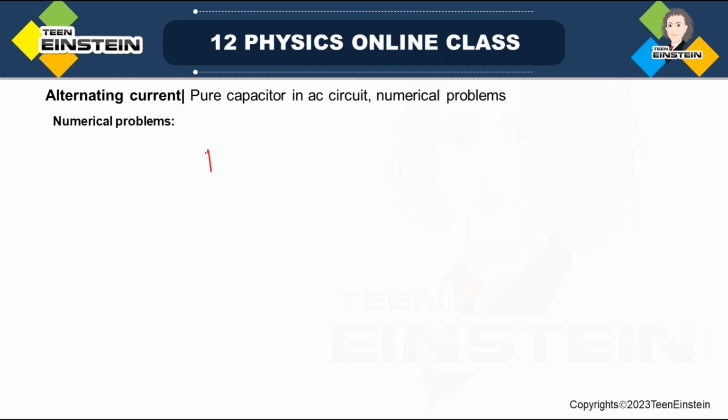Then the current will be IRMS equal to VRMS by XL. VRMS is already given, 220 volt.